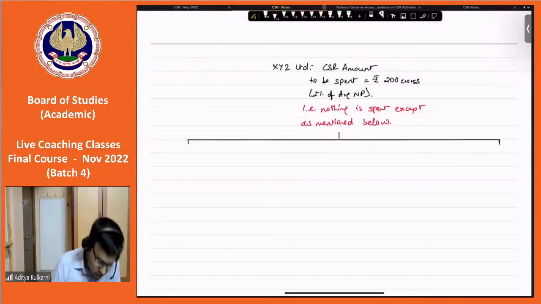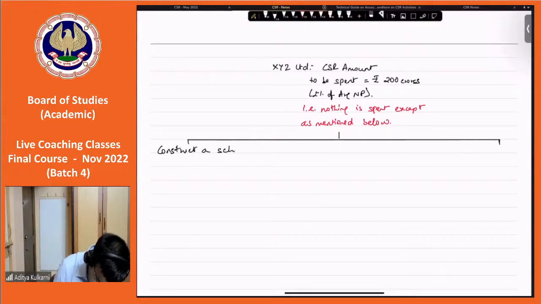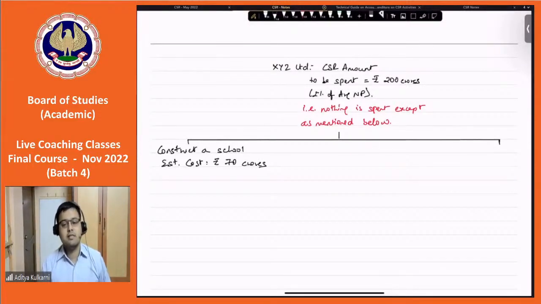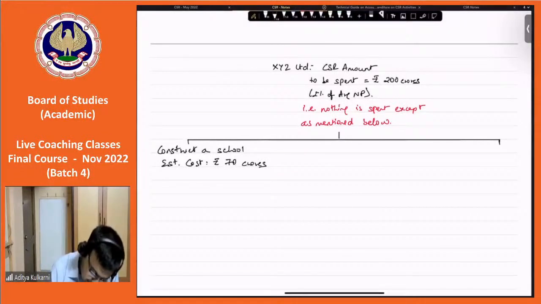So what I thought is, first case, construct a school. Estimated cost is rupees 70 crores. And I am undecided about the amount of CSR spends.